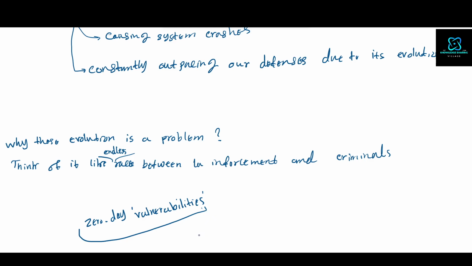Then if the attacker gets their hands on this type of vulnerabilities, I cannot pronounce this word correctly, I don't know why. I will write it instead. I cannot write it correctly either.